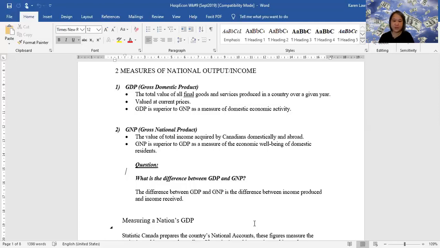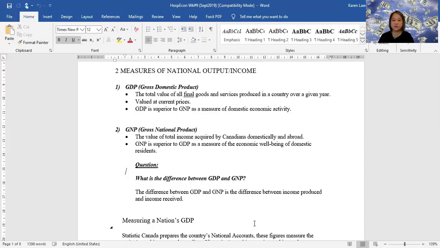Now, if you were a baker and you bought that bag of flour from Costco, and you turn it into bread or other baked goods, which you then sell to your customers, that bag of flour would be considered an intermediate good. Whereas the bread or the cookies and the baked goods that you sell, which really came from the bag of flour that you bought from Costco, that would be considered a final good.